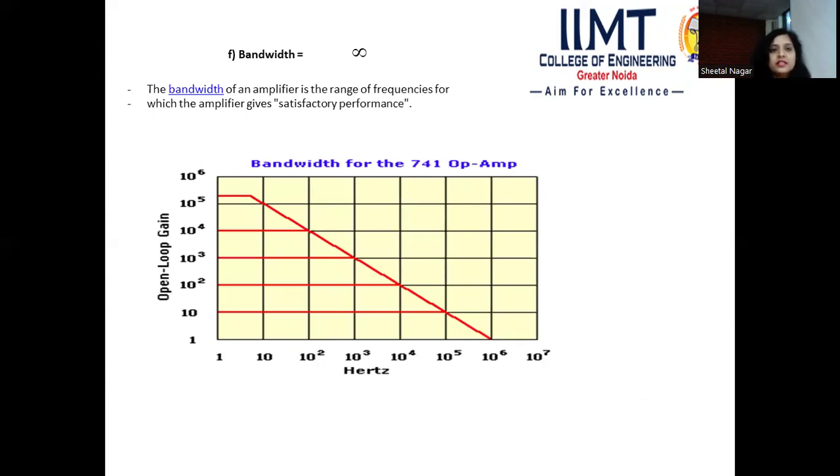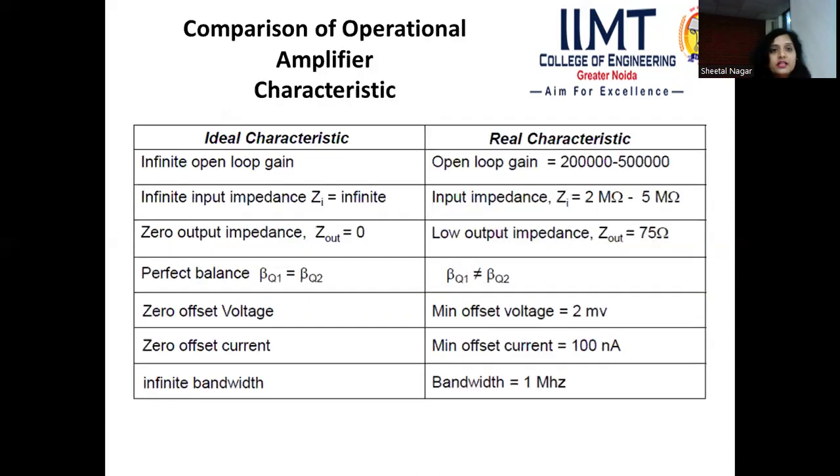The last and most important characteristic of the ideal operational amplifier is the bandwidth. The bandwidth of the ideal operational amplifier must be infinite. The bandwidth of an operational amplifier is the range of frequencies for which the amplifier gives satisfactory performance, as shown in the figure. Now, a comparison of operational amplifier characteristics, ideal versus real.